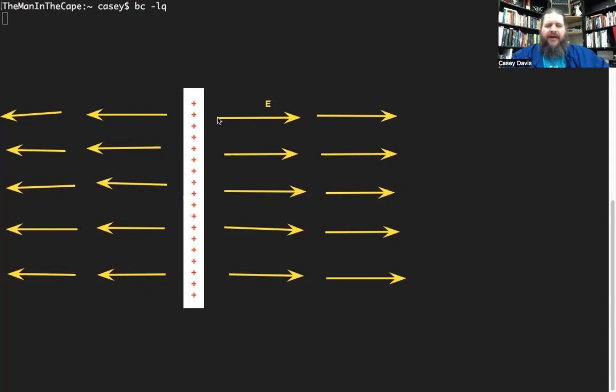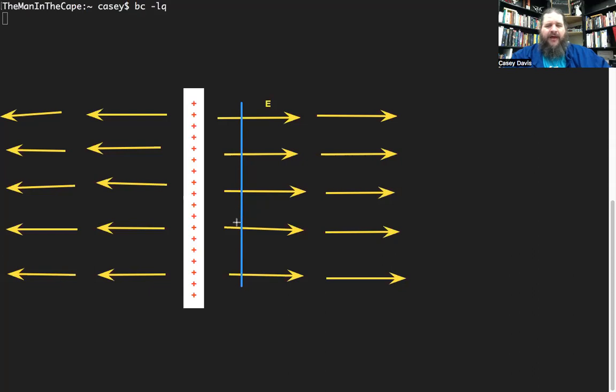Decreasing. If you travel with the electric field, you go to lower and lower voltage. Travel backwards against the electric field, and you go to higher and higher voltage. So to not change the voltage, you have to travel in which direction relative to the electric field? Perpendicular. If you travel perpendicular to the electric field, you're not changing your voltage at all.